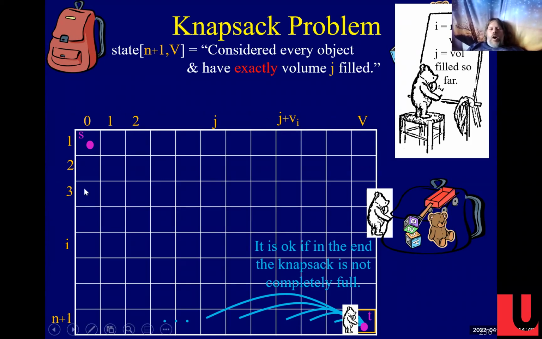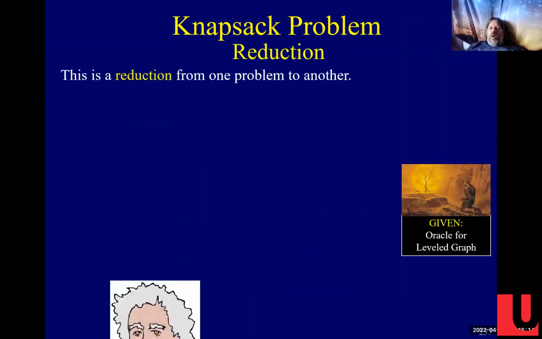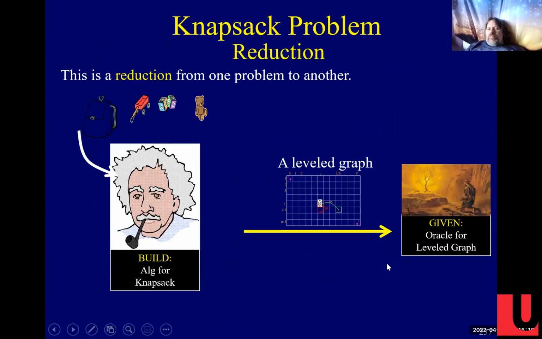Ideally the graph's not very big, so writing down the graph is not a problem. If it has a reasonable number of nodes and edges, the running time of our algorithm will be the number of edges, because we're writing down all of these edges. So we write them all down, and then the oracle is going to find the path for us.